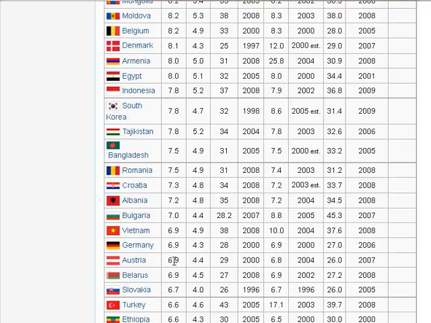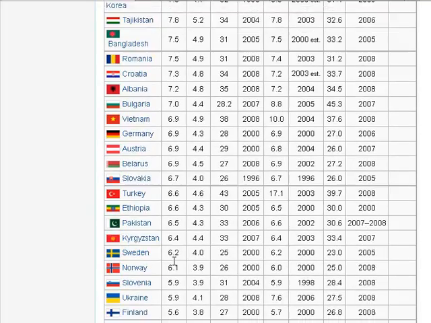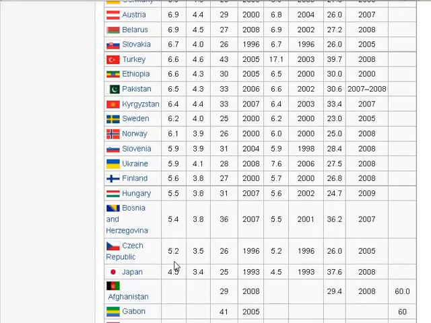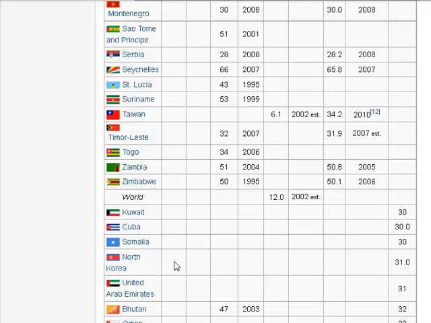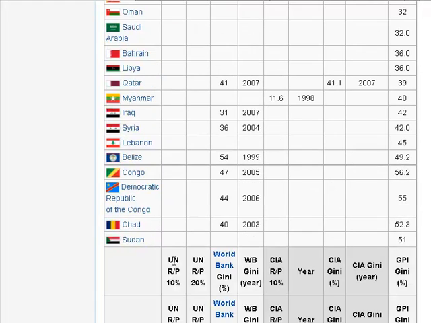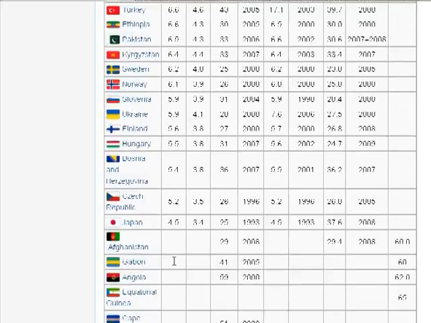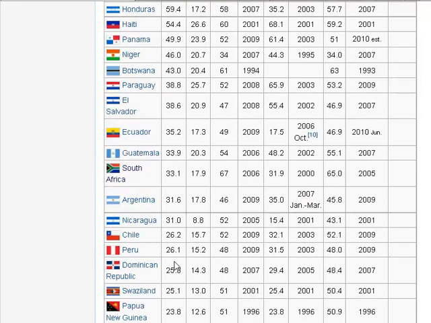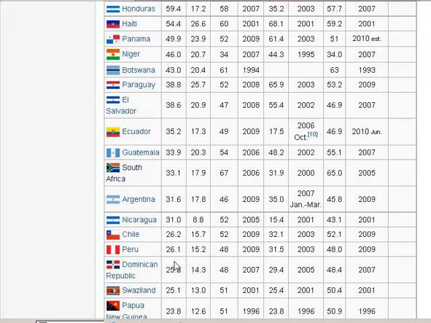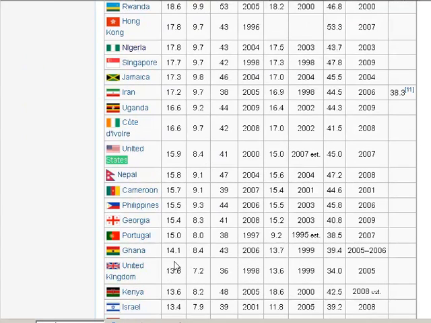So Germany is 6.9. Now, did I miss England, or where's the United Kingdom? And where's the United States? That's odd. I'll go back up, sorry. I'll do a search. There's the United States. So United States is 15.9.